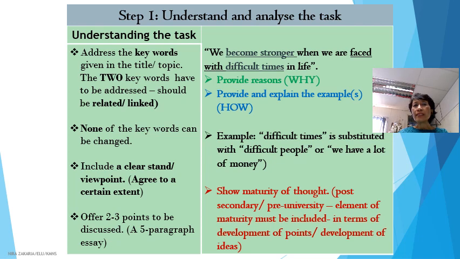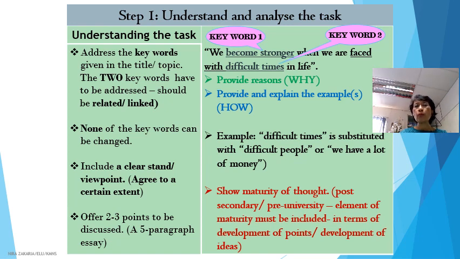As you can see here in the topic, there are 2 keywords that will help you to develop your essay. That will be "become stronger", that is keyword 1. And keyword 2 would be "faced with difficult times". So the 2 keywords have to be addressed. And you have to answer this question on how one becomes stronger when they are faced with such struggles or difficulties in life.